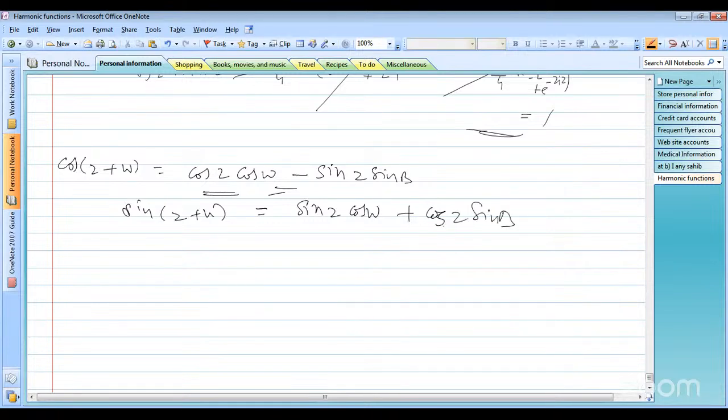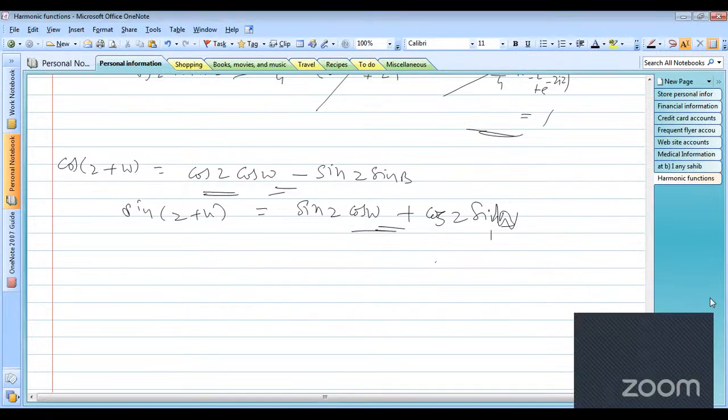In place of a and b, I am taking z and w. So we have cos z into cos w minus sin z into sin w.